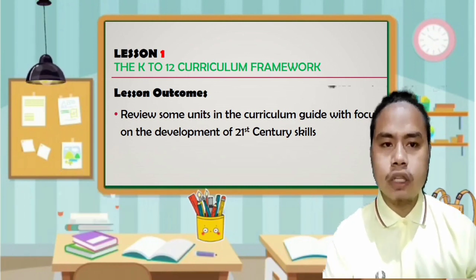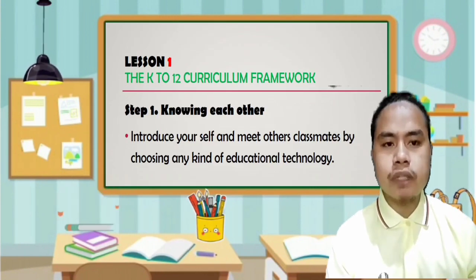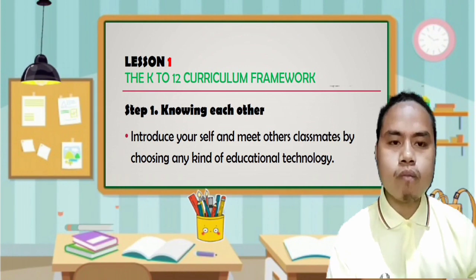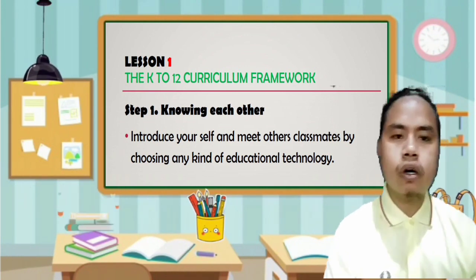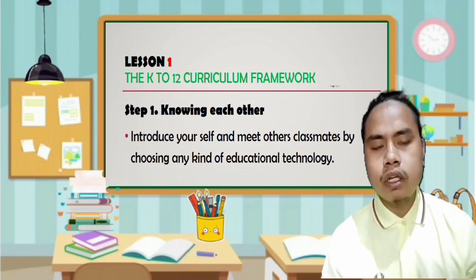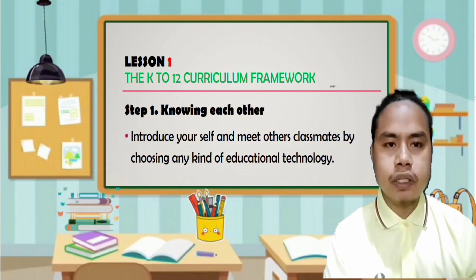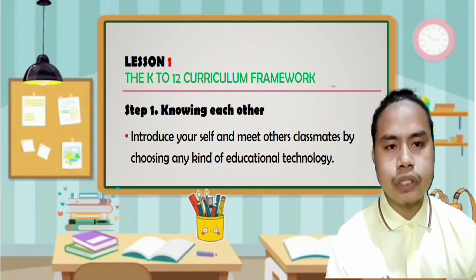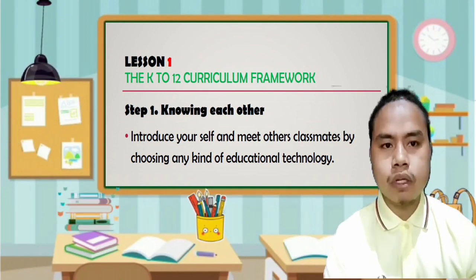But before we proceed to the main topic, let's talk about the 3 steps first. In step 1, we have knowing each other. This time, you will introduce yourself and meet other classmates by choosing any kind of educational technology to represent your personality and profile.